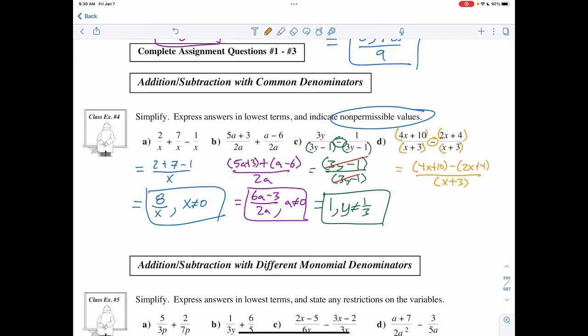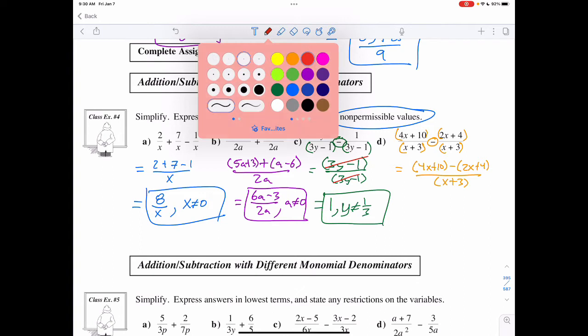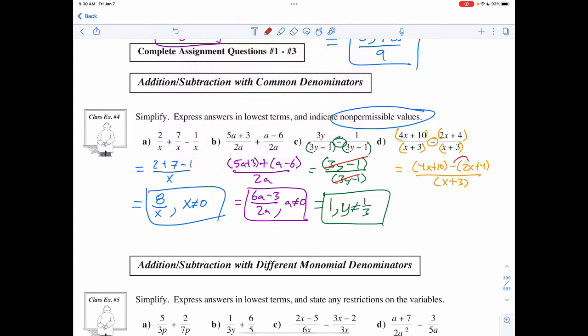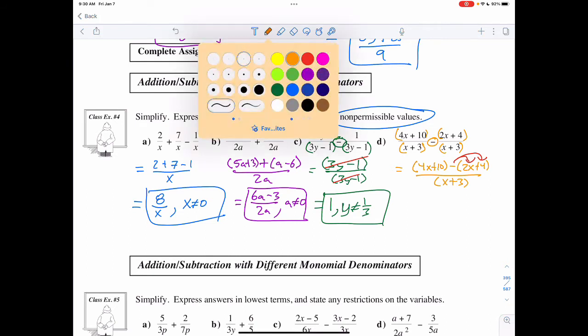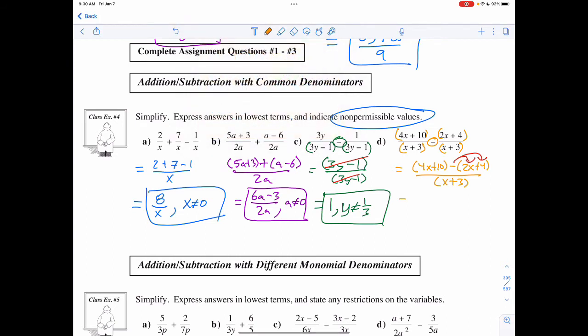And I got to be careful because this negative is going to apply to both terms. That's the most common mistake that's made with these ones. This means that what I have is 4x plus 10 minus 2x and minus 4 over x plus 3.